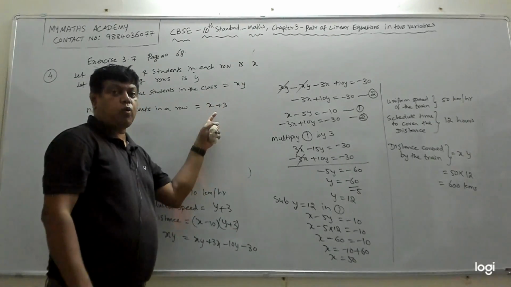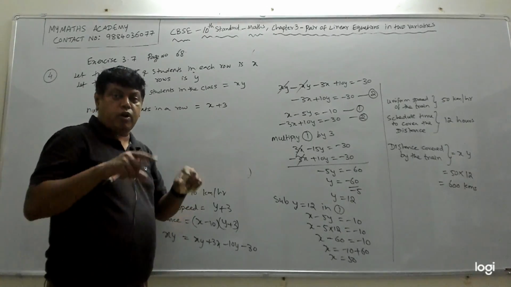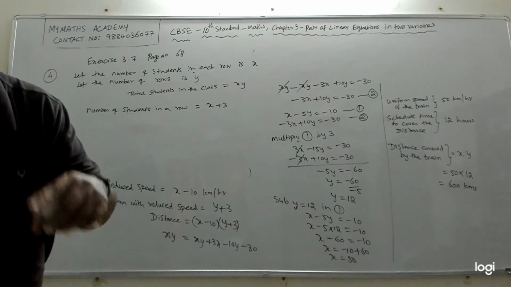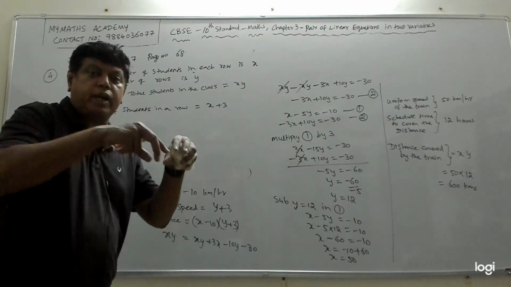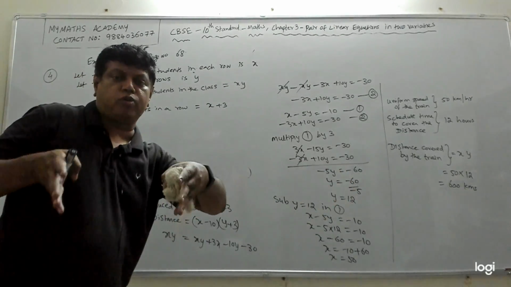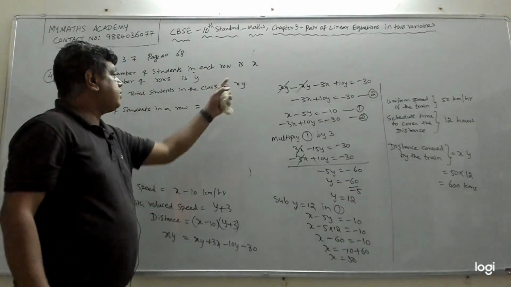Initially it was x, but now I am putting 3 students extra in each row. So the number of students in one row will be x plus 3. Instead of 4 students in a row, we make them 7 students in a row. So instead of x, we are making it x plus 3.